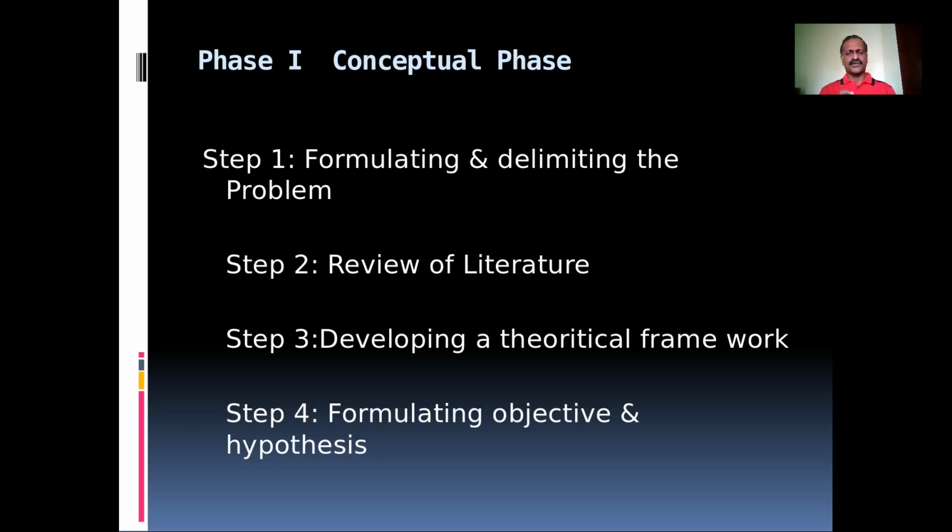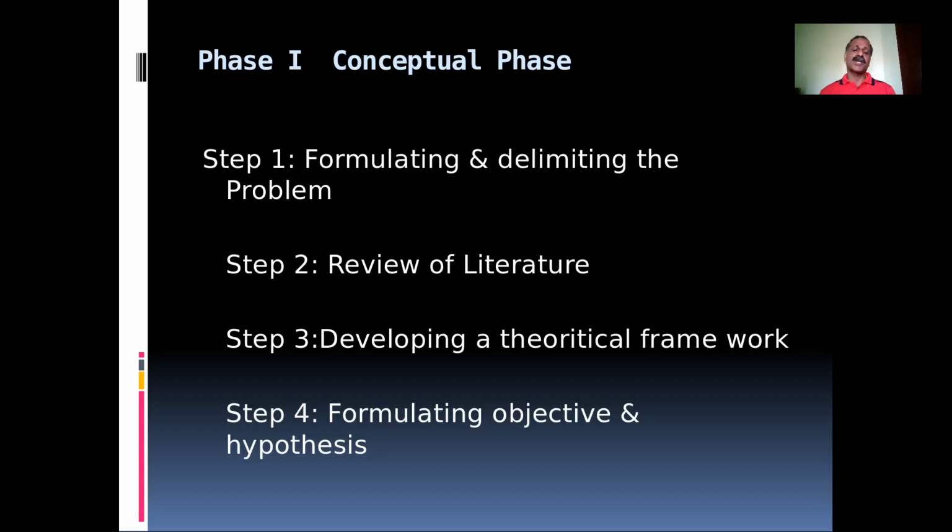The objective should be a clear-cut statement about what we want to achieve, what we want to develop out of our study. And after developing the objective, we have to formulate the hypothesis.